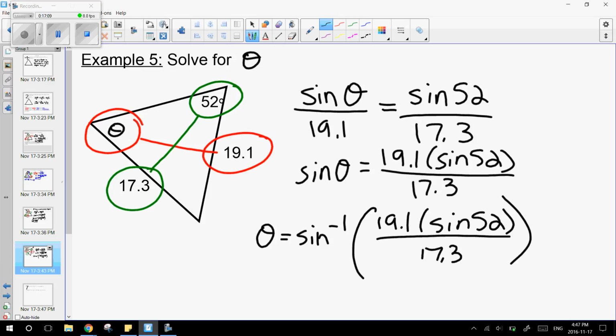Type that all into your calculator step by step, then do your sine inverse. The answer that you should get when we're rounding to the nearest degree should be 61 degrees. That's our last example of sine theta.